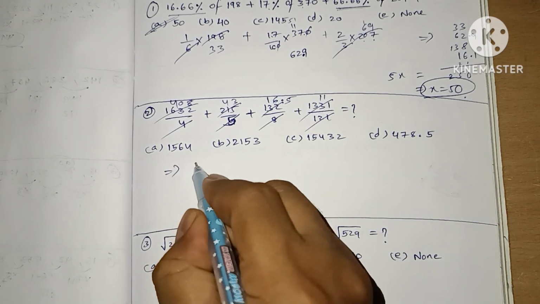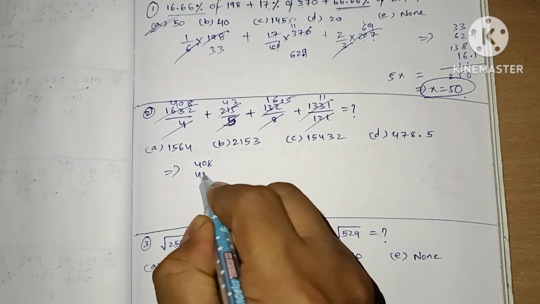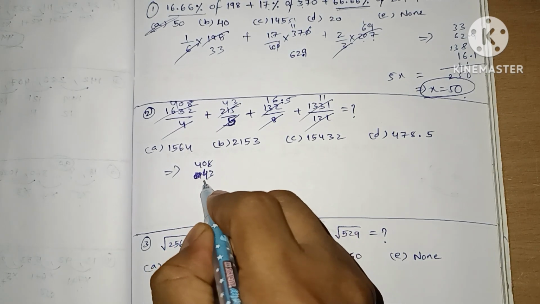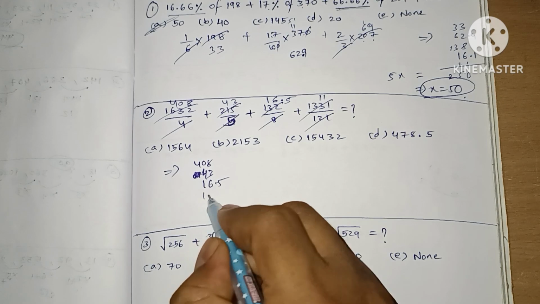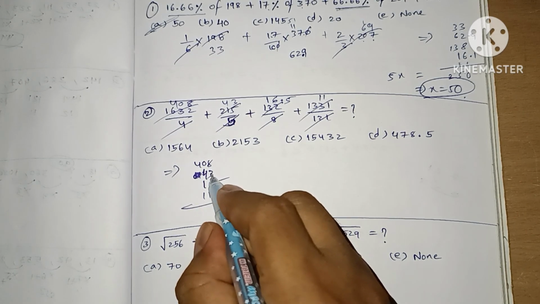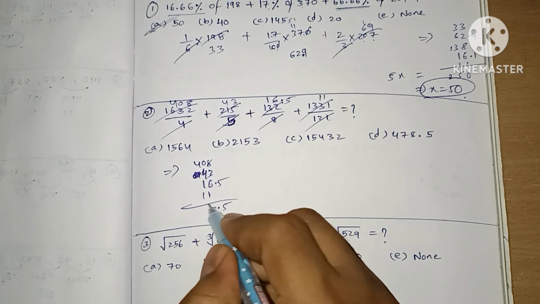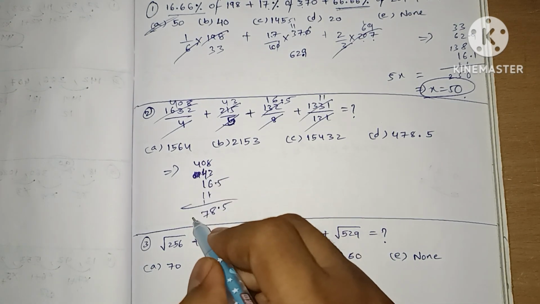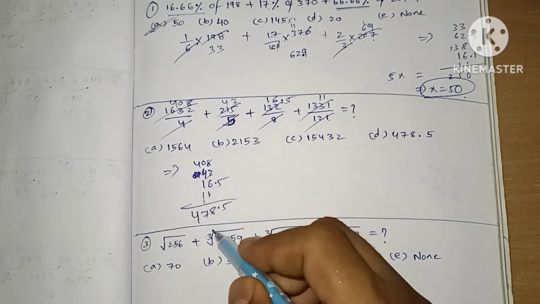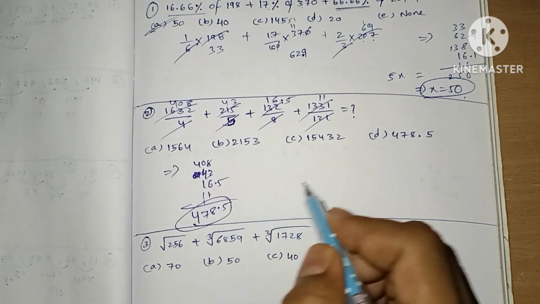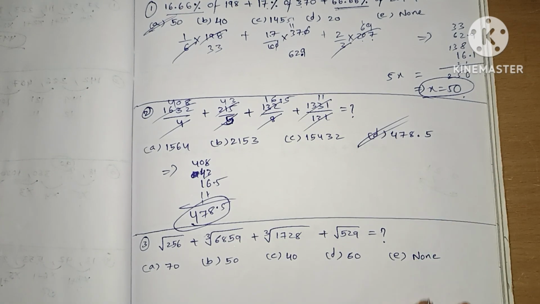So totally we have 408, 443, 408 43 16.5 and 11. So 0.5 at the end. 10 plus 8 18. 4 plus 3 7. This will be 4. So we get 478.5 is our answer, option D.